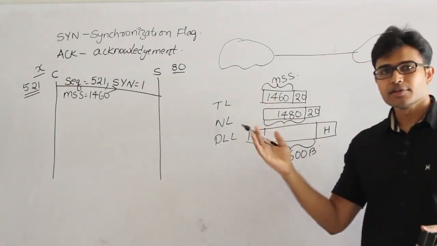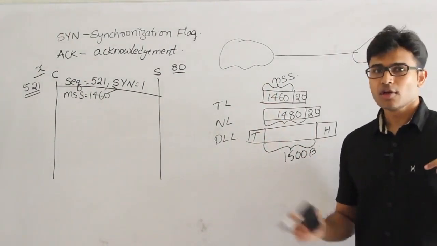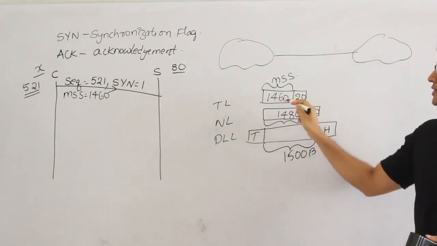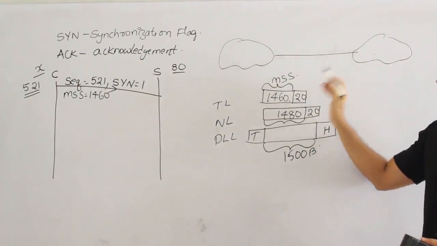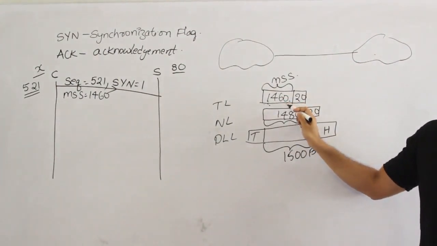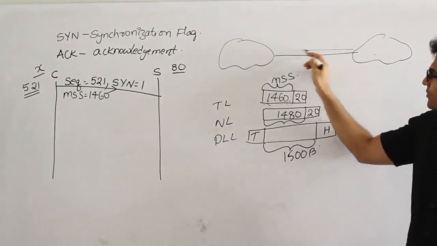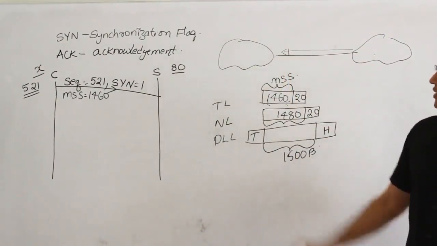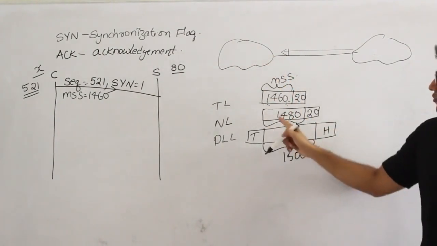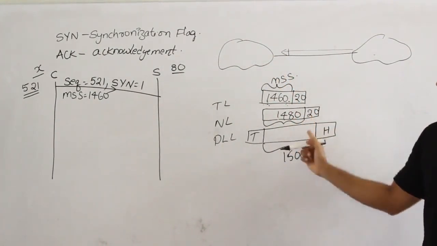Why should you inform the other side? Whenever it wants to send data, it will not cross 1460. What happens if the other side sends more than 1460 in one segment? When the datagram comes here, it has to be fragmented. The reason is the network layer is allowing only how much? 1480 plus 20, which means 1500.